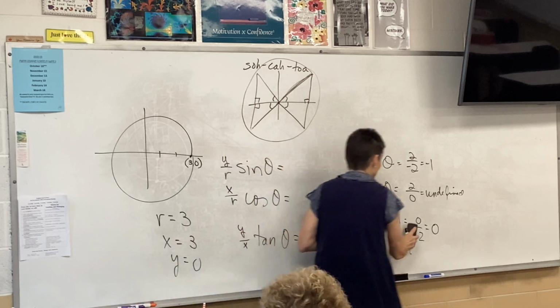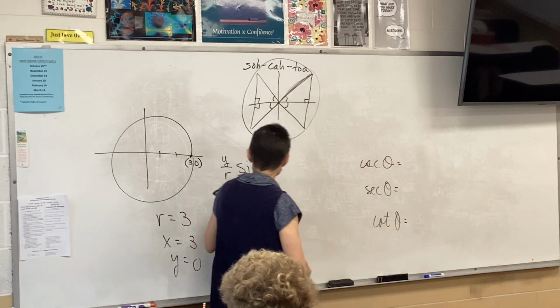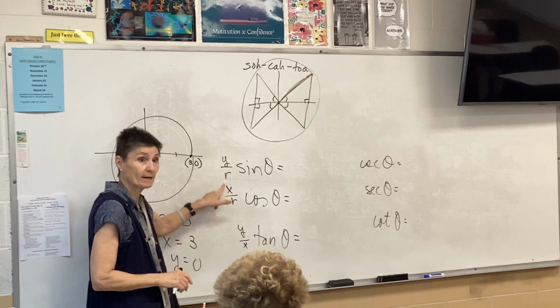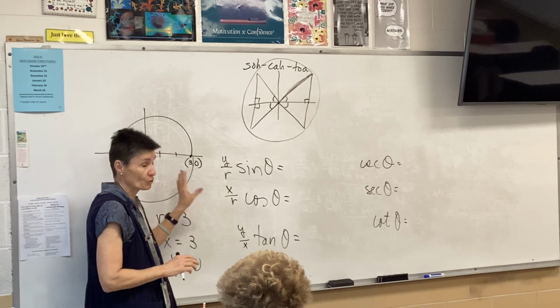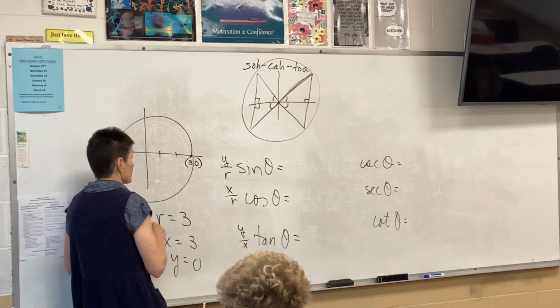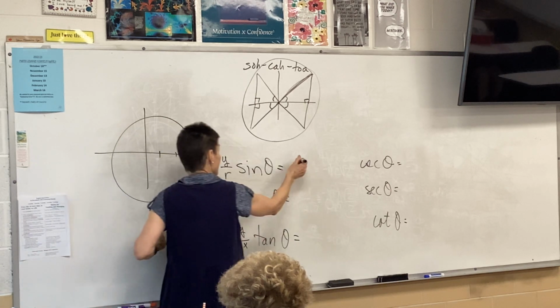So now I can fill in stuff using what are called the circular definitions. The ones that have r's in them, radius, are called the circular definitions. So y over r would be 0 over 3.